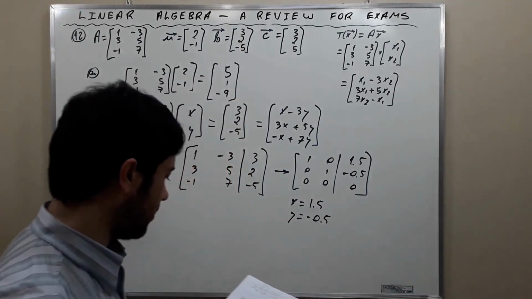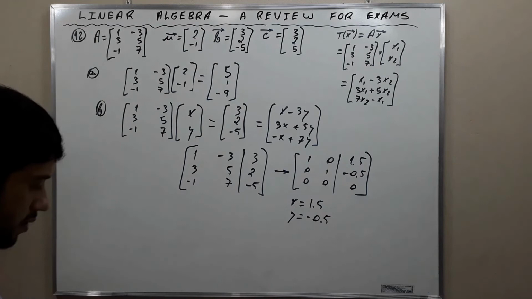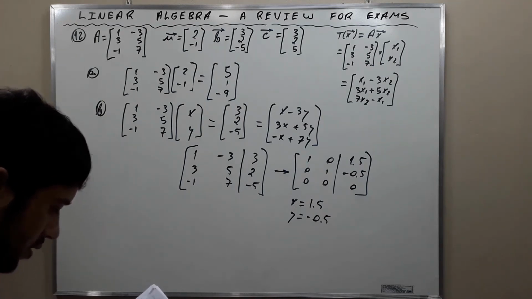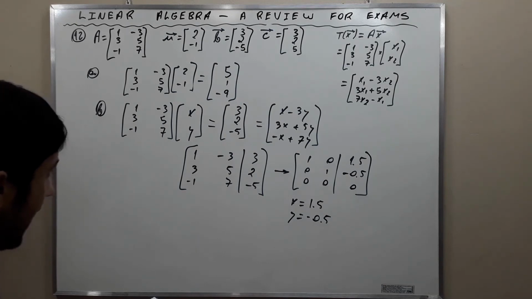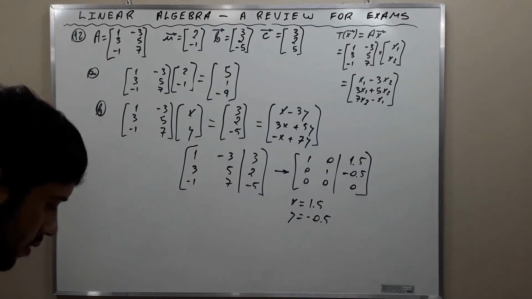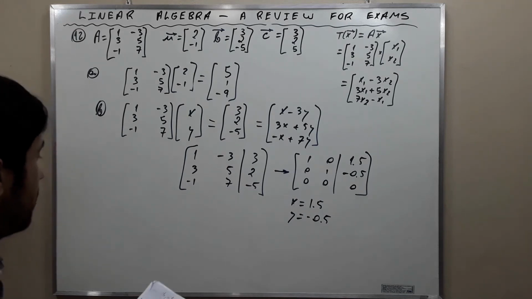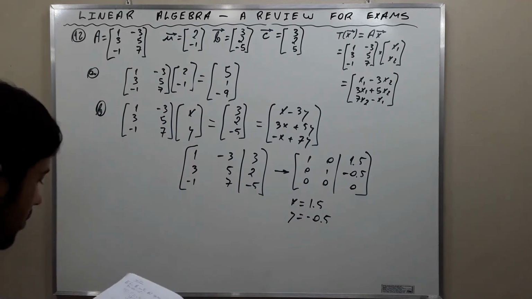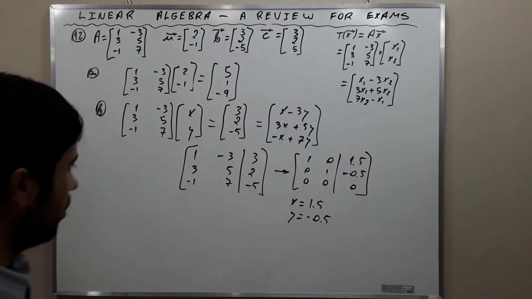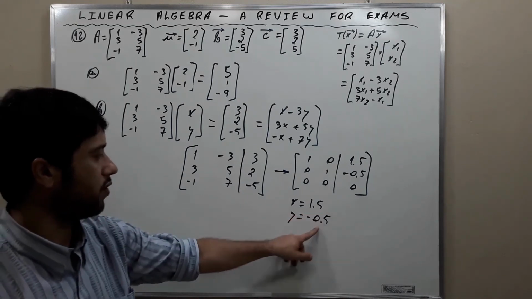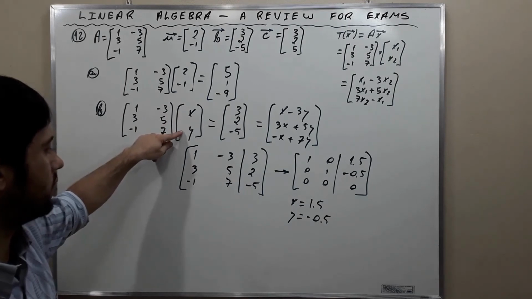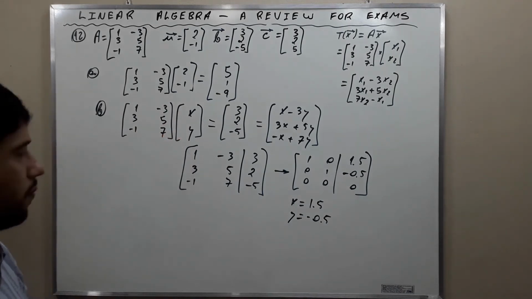Let's go now to letter C. What does letter C want? Letter C wants us to find another vector of the domain that produces B, and we have found that only this vector here, 1.5 and -0.5, satisfies.